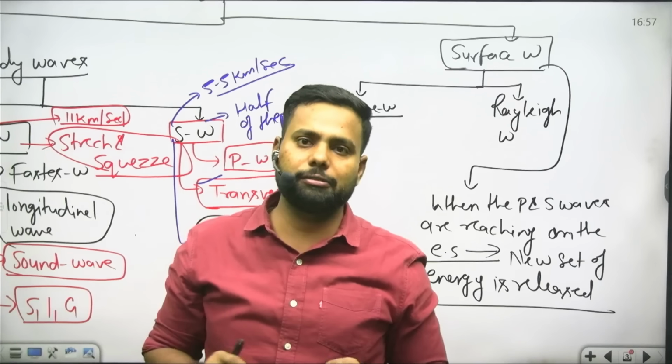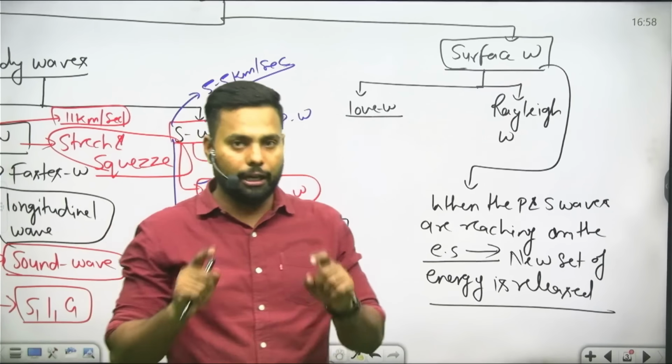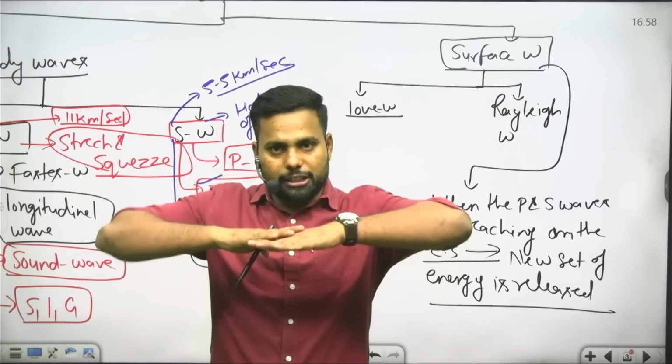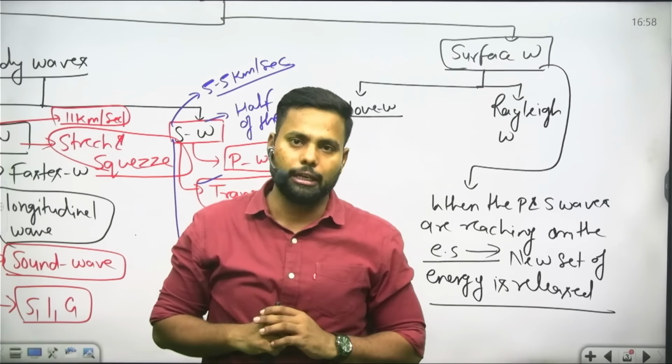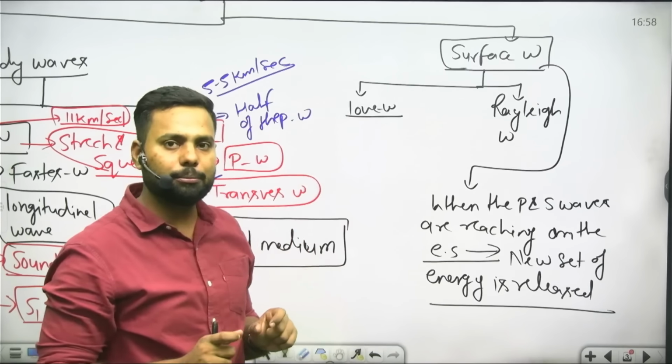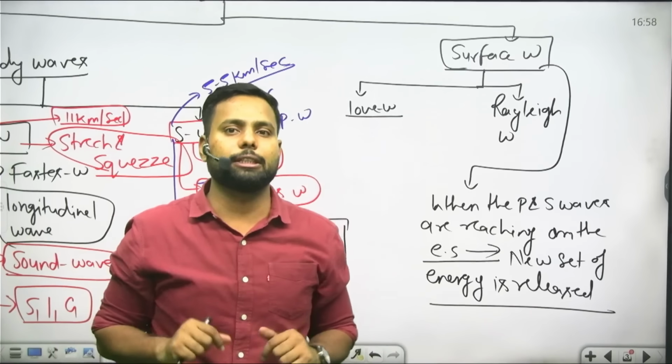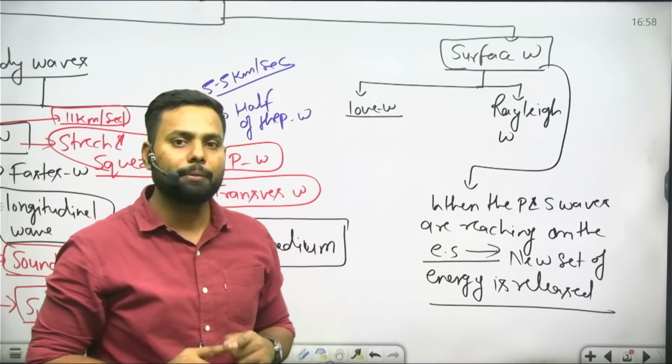And surface wave has no association, remark my word, no association with the internal structure of the earth, and it means surface wave is produced from the epicenter, it is not produced from the focus.